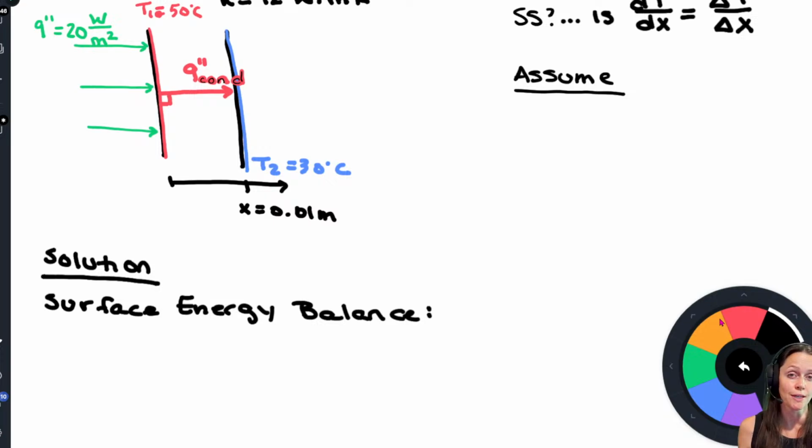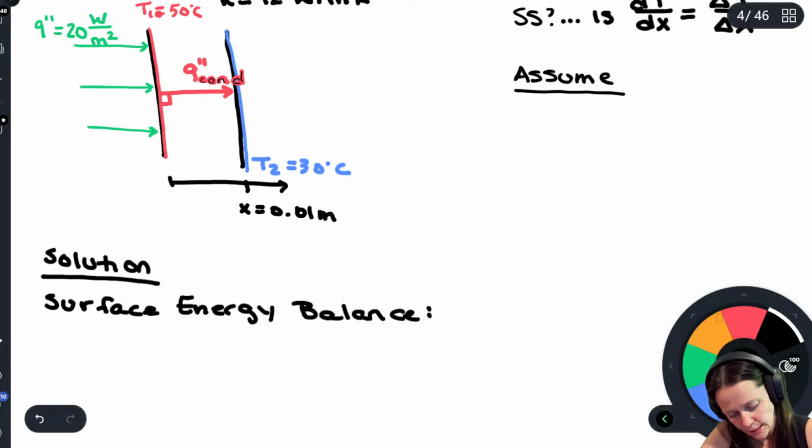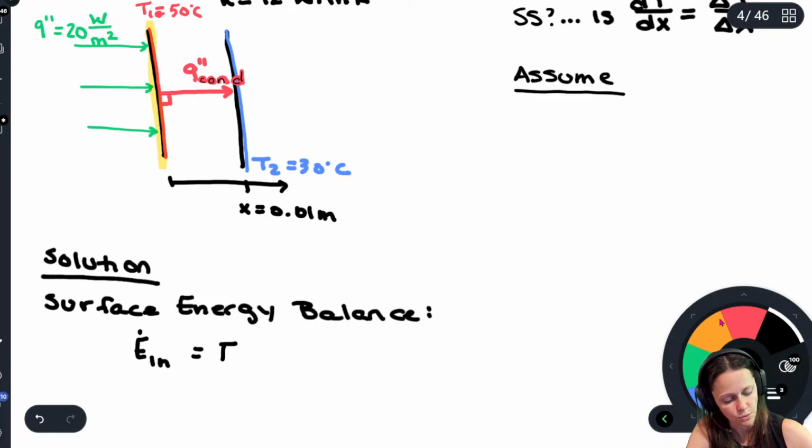So there's no E dot stored, no energy, no volumetric energy generation within this medium. So if I do an energy balance just on that guy right there, then it's going to give me E dot in is equal to E dot out.